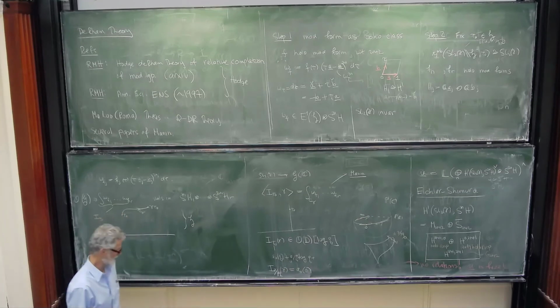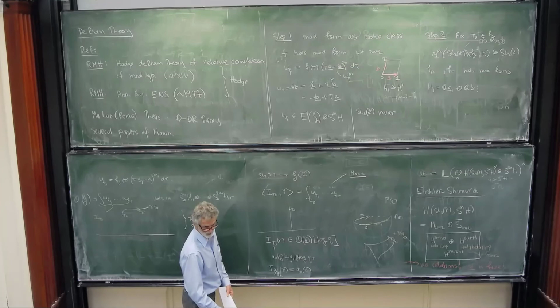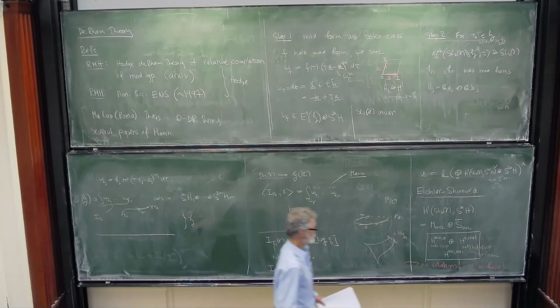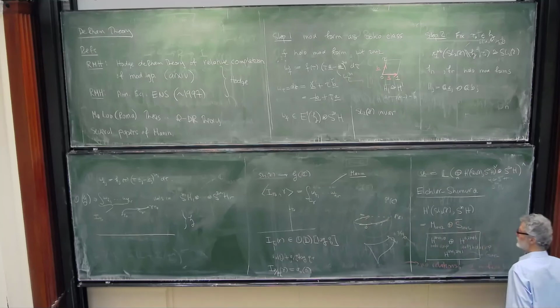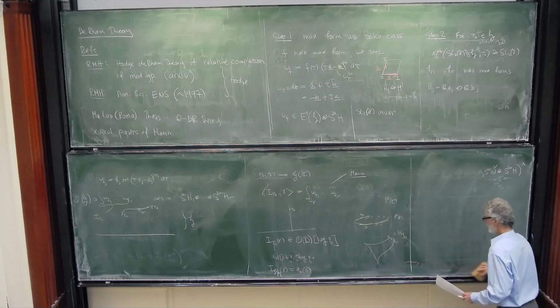That's how you regularize. If this looks hokey, it's not. It's exactly how you compute limit mixed Hodge structures' periods. All right, so let me.